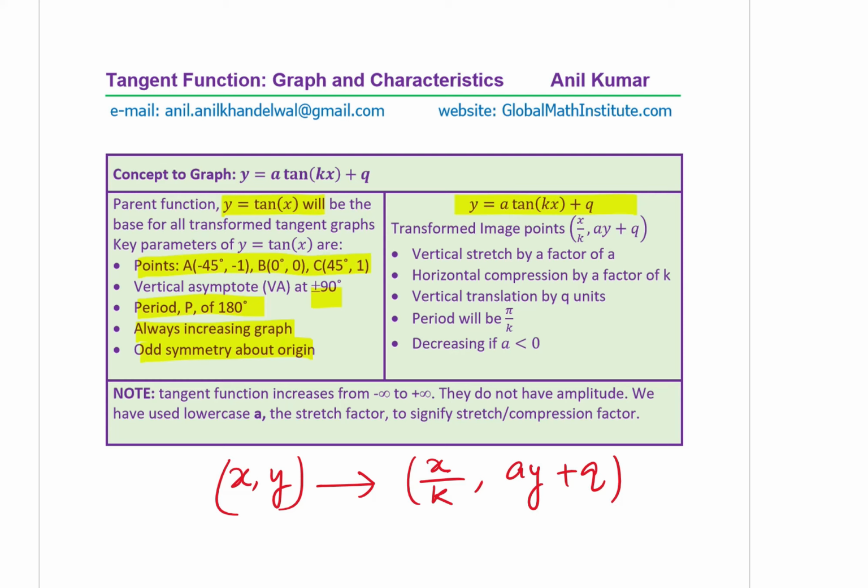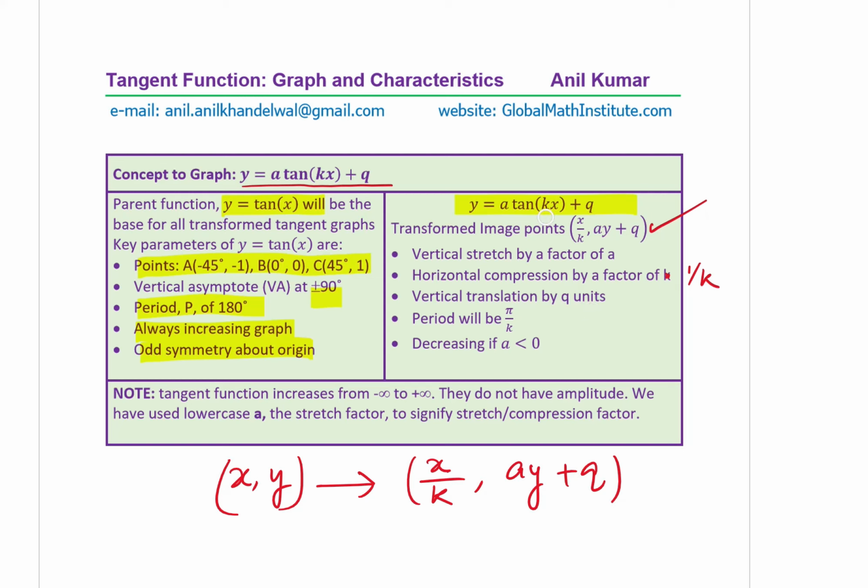If q is negative, that means it will come down by q units, right? So that is for our function y equals a tan kx plus q as mentioned here. It really means that there is a vertical stretch by a factor of a, horizontal compression by a factor of k, 1 over k. Normally, we write this as 1 over k, right? And vertical translation by q units.